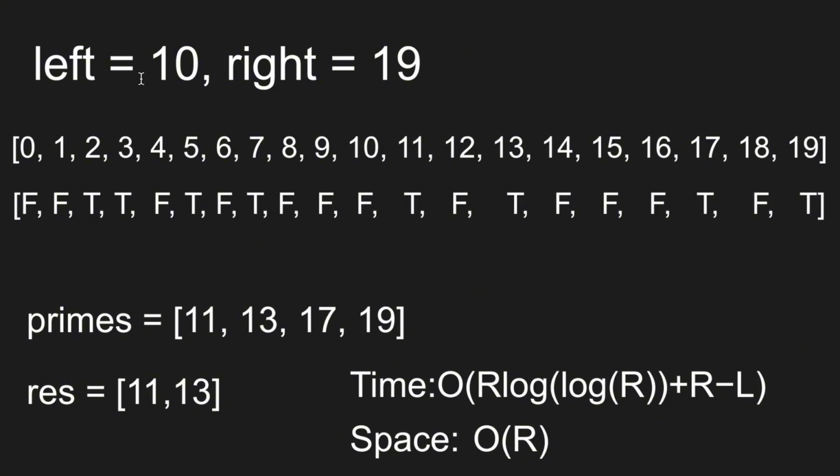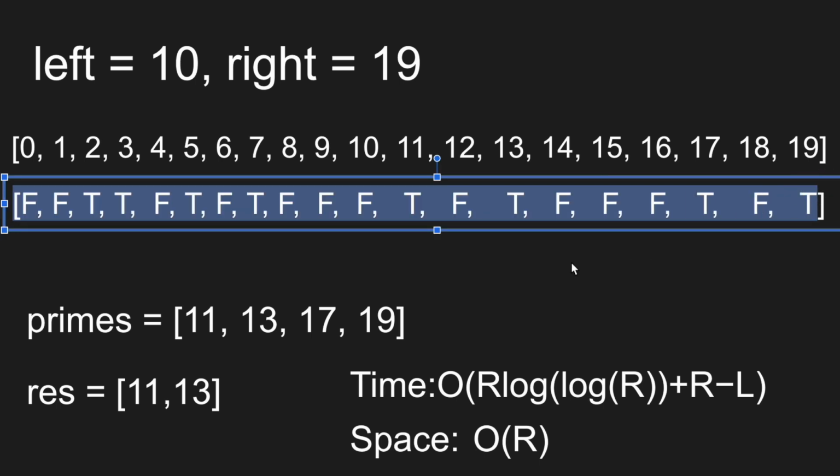The r log r comes from the Sieve of Eratosthenes up here, and the right minus left comes from this part where we need to calculate the smallest difference. And the space complexity is O(r), where r is equal to the number on the right, because this array right here can take up to r space.